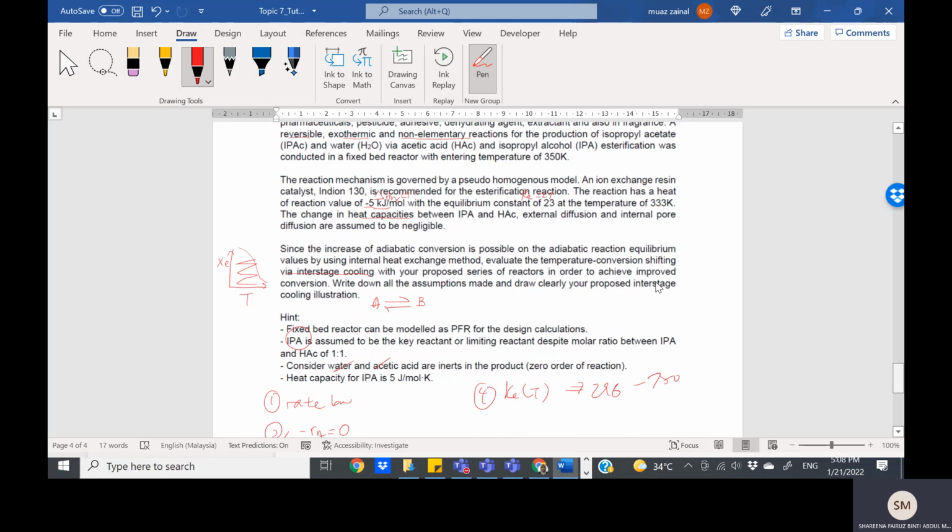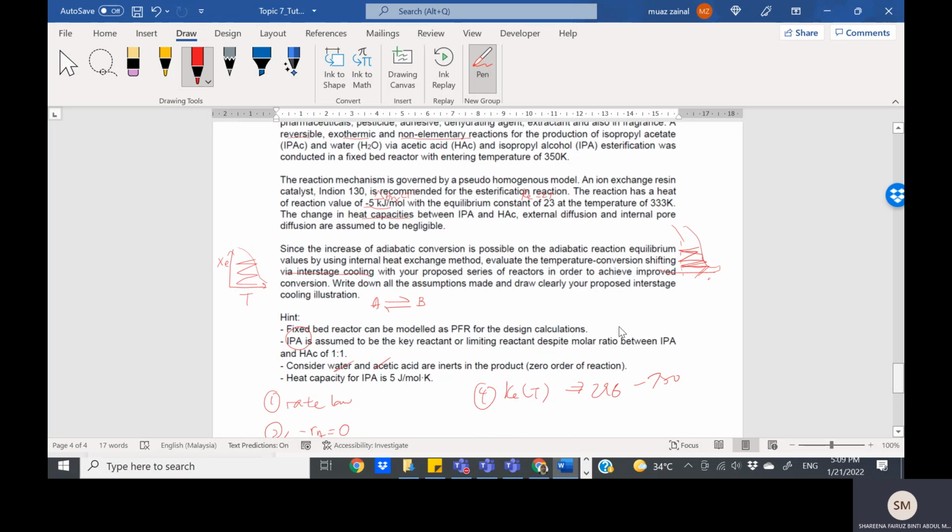Okay, sebab ingatkan kalau kita nak buat intercooling, kita nak buat yang zigzag ni, kita kena ada starting here, and it must have a maximum here in order for dia nak reach lah. Turunkan dia, naikkan balik, turunkan dia dengan temperature.